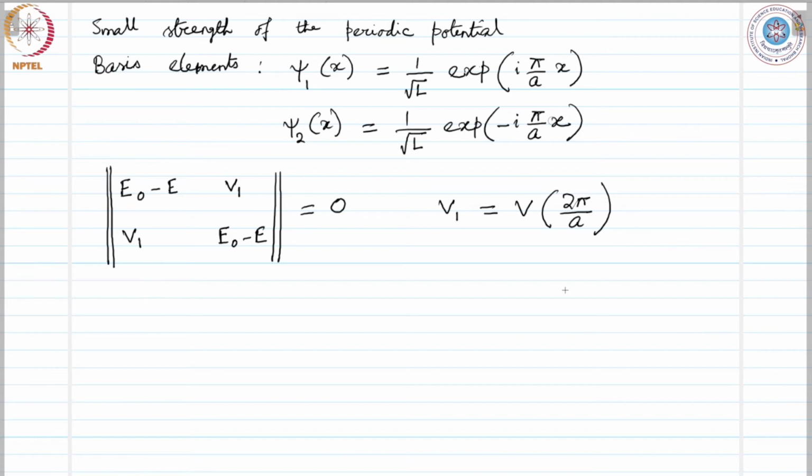This is the Fourier transform of the crystal potential corresponding to the lowest reciprocal lattice wave number. Now, we see that the two-fold degenerate empty lattice states of energy E naught are now split. The corresponding energy eigenvalues would be E naught plus minus the absolute value of V1.